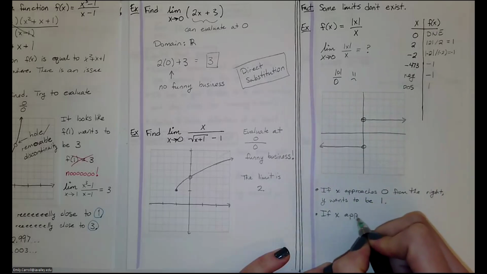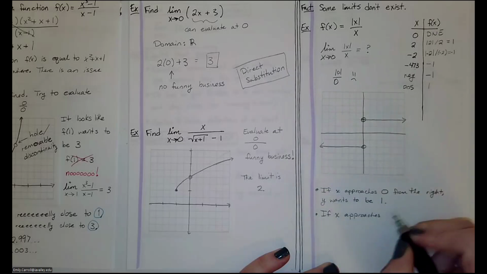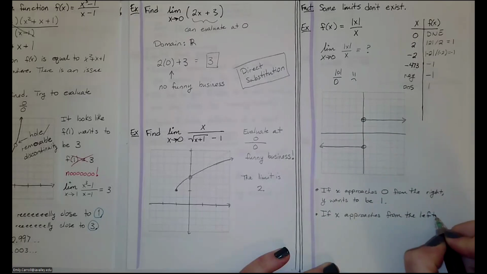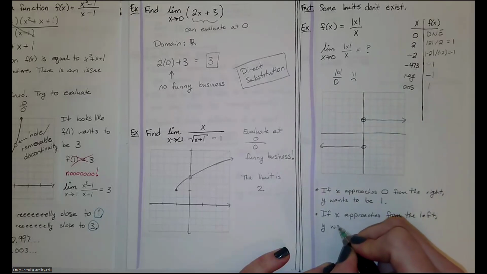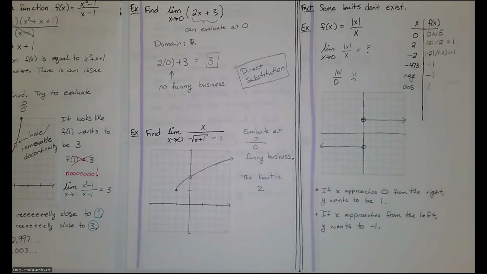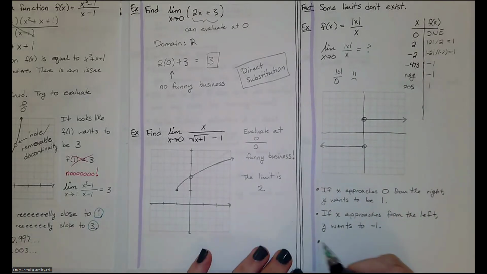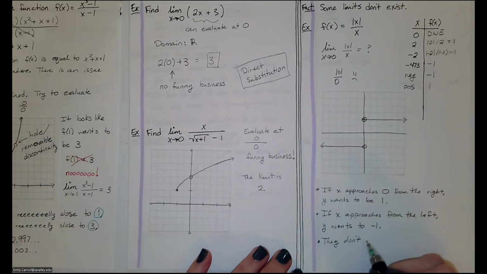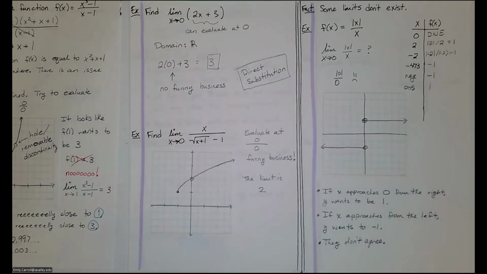If x approaches 0 from the left, y wants to be negative 1. And they don't agree. Okay, so in that case, we can say the limit does not exist.